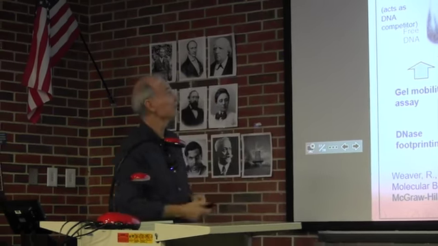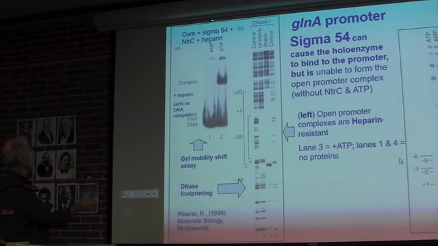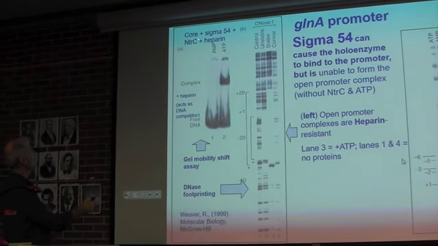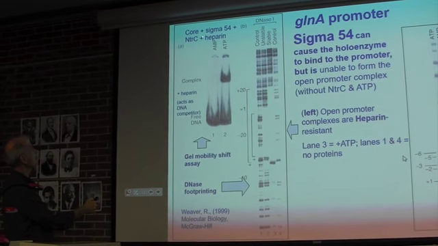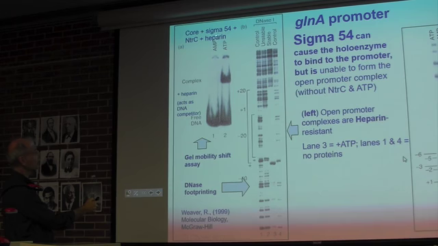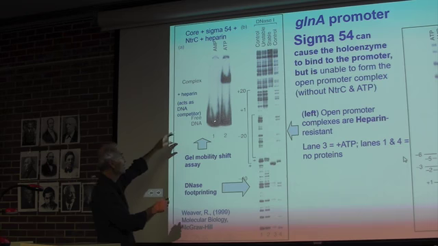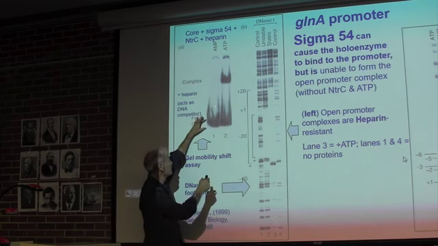So let's look at the footprint in that light. Core plus sigma 54, and then you have this protein, and now it's plus and minus ATP. So you have everything up here, except the heparin gets in the way, so you want to add the core and the 54 and the NTRC before you add the heparin, and I'm assuming that's what they did. And then if you have ATP also present, you get a complex between your DNA, which is radioactively labeled. It just runs very fast in the gel.